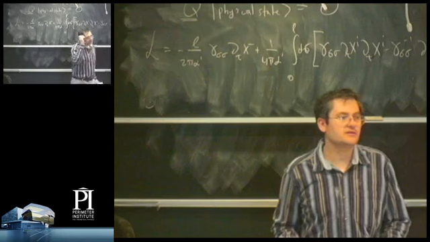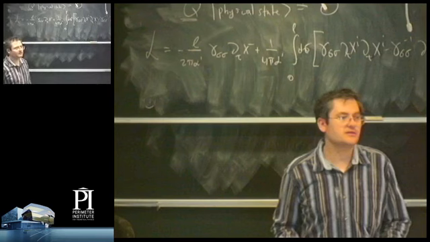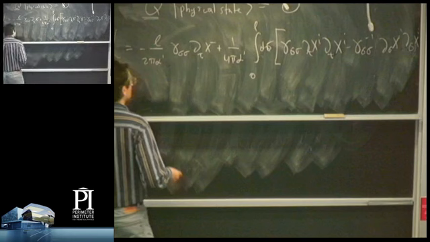I'm using the Noether method to construct the conserved quantities associated with certain symmetries, so that's a nice review of this method. What we're doing is looking at a shift.